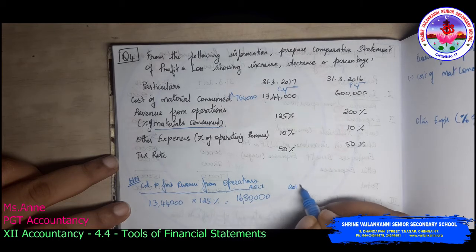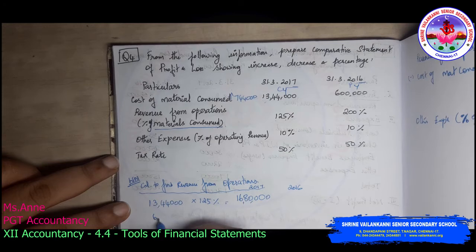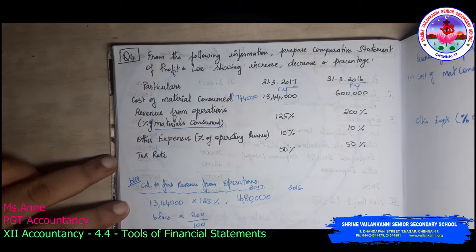For 2016, it's going to be 6 lakhs into 200 divided by 100. So 200 divided by 100, percentage 6 lakhs into 200%.